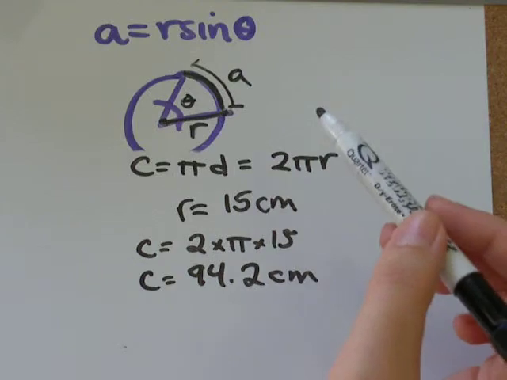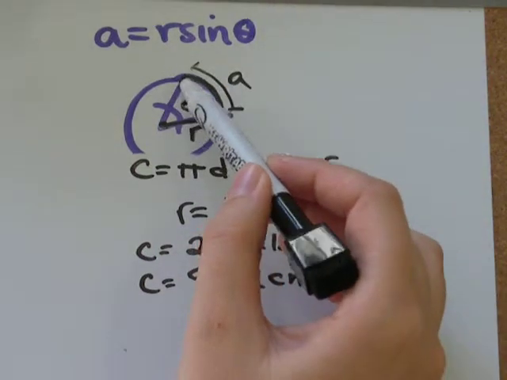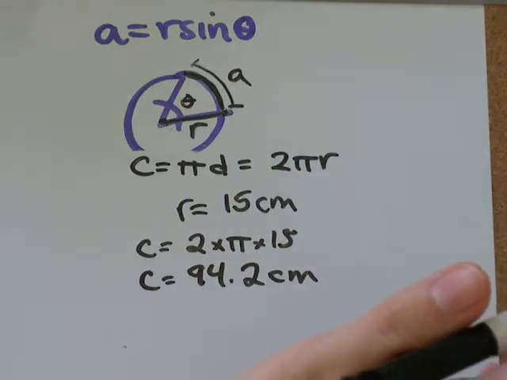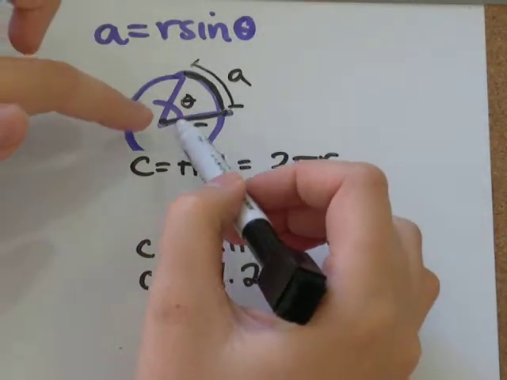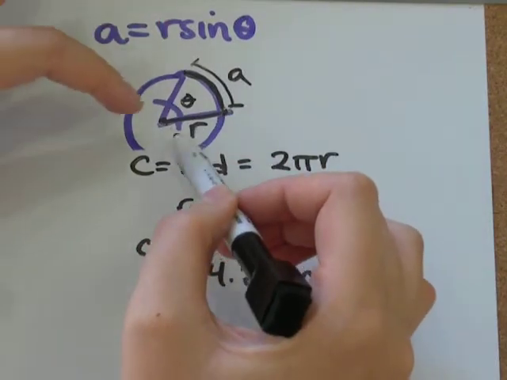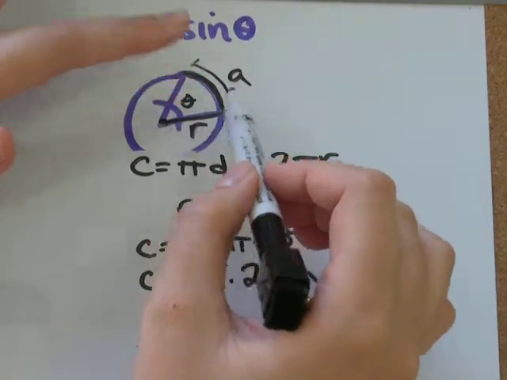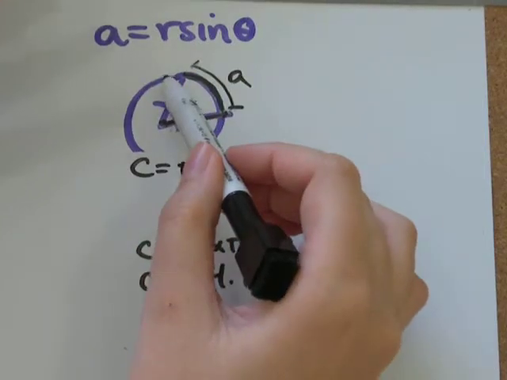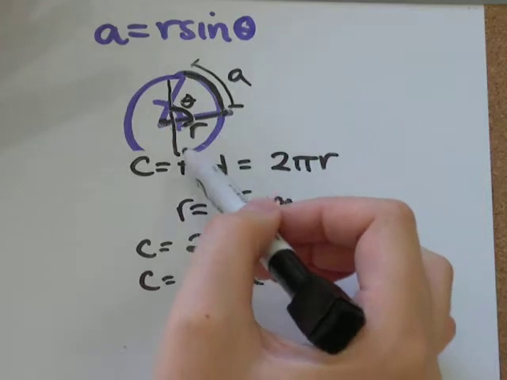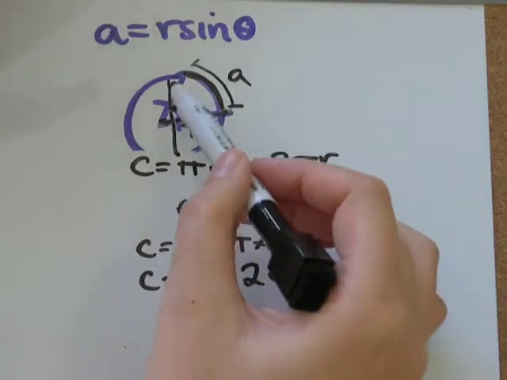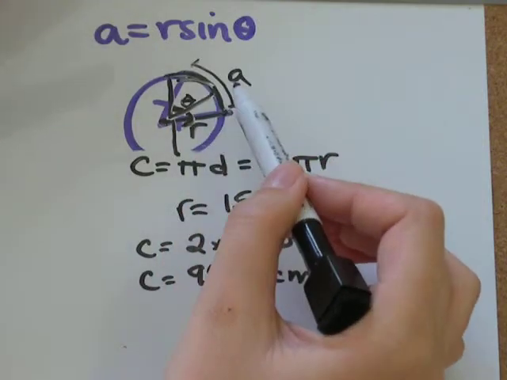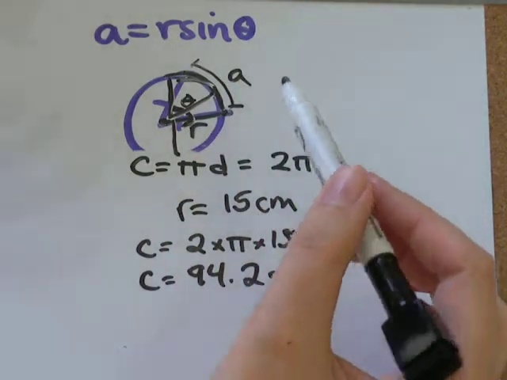So when we find, if we know the measure of the angle in radians, that's kind of like a proportion of the circle. The angle in radians covers maybe half the circle or a third. If the angle measured half the circle, then the length of your arc would be half the circumference. If theta was a quarter of your circle, the length of that arc would be a quarter of the circumference.